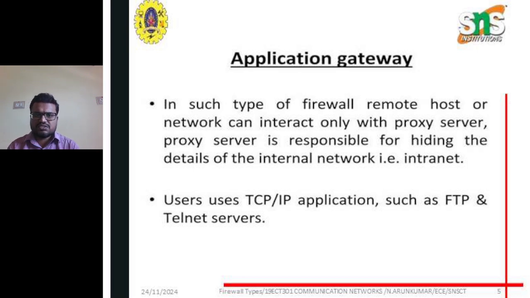Such a proxy server is identified by using this application gateway, so that it cannot transfer any information to unauthorized access. Next, it uses TCP/IP applications such as FTP and Telnet servers. Telnet is telephone network servers. If the user is not allowed a proxy server, it just indicates to the user that there may be some authentication block.